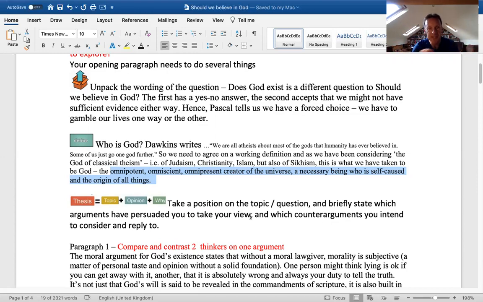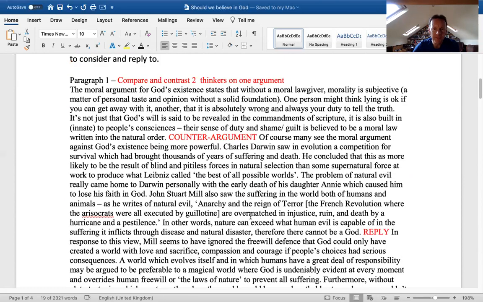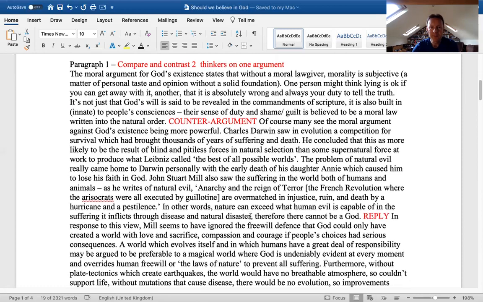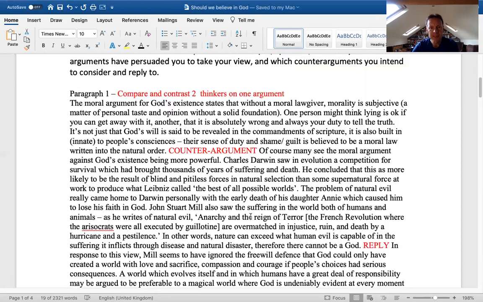We don't need to go into detail, just give a kind of hint about where you're going in the essay. Now, here's an example of a first paragraph. It's long, but it's got a counter argument and a reply. Counter arguments are your friends because they show an awareness of alternative views and your response to them.